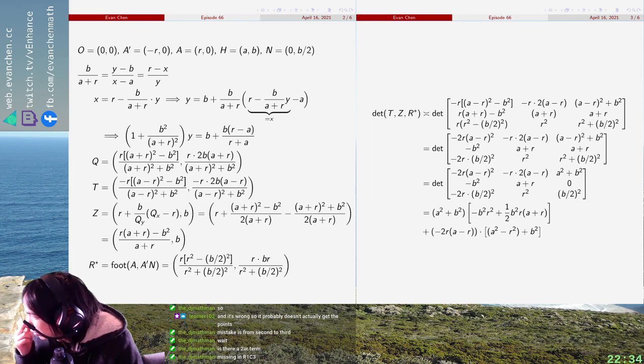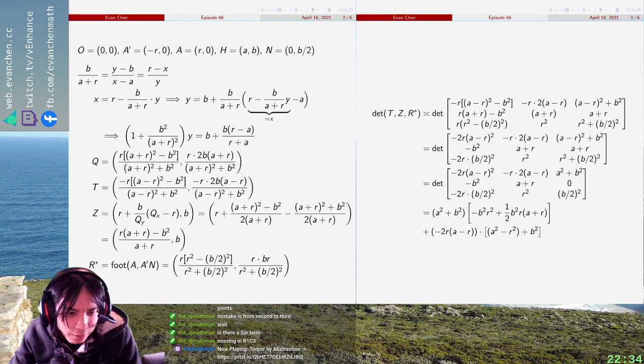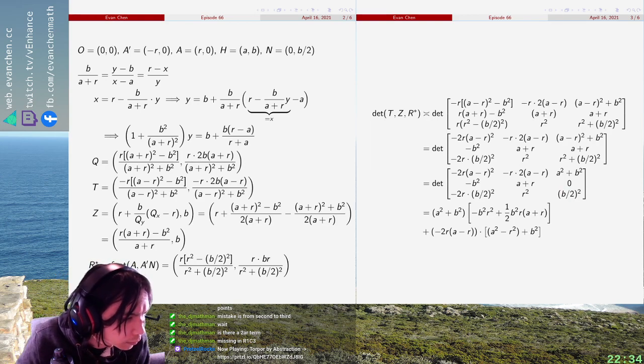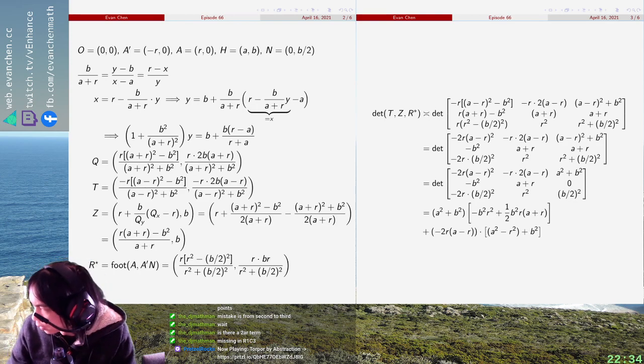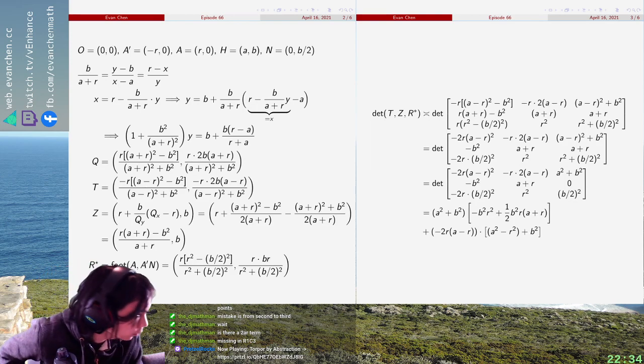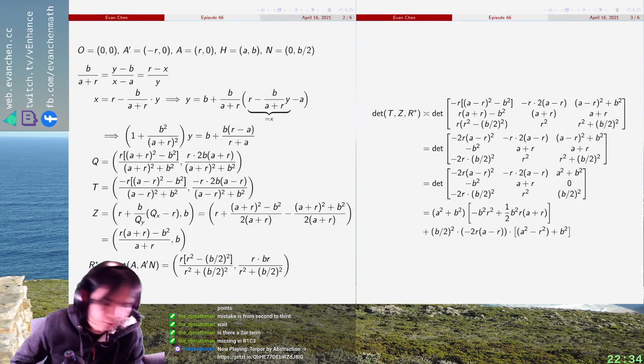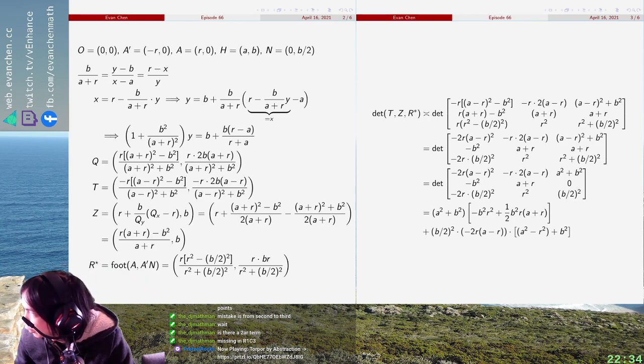Where did my degree go wrong? Everything should be degree 6. So oh, I didn't put in a b squared over 2. That shouldn't matter though. Missing in row 1, column 3.